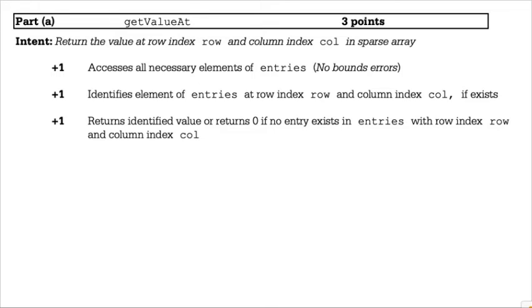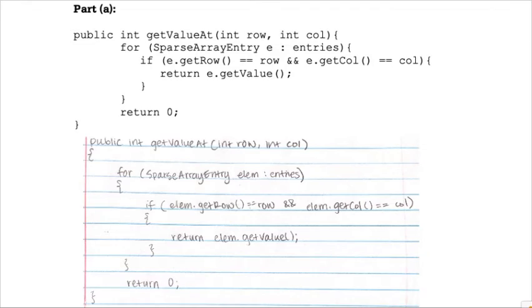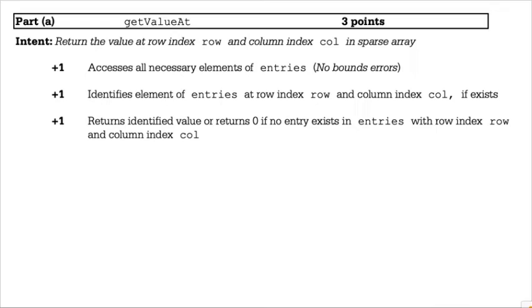So for the rubric, you would get 1 point if you go through all the elements. So the for each loop automatically goes through all of it. And then you would get a second point if you identify elements of entries.